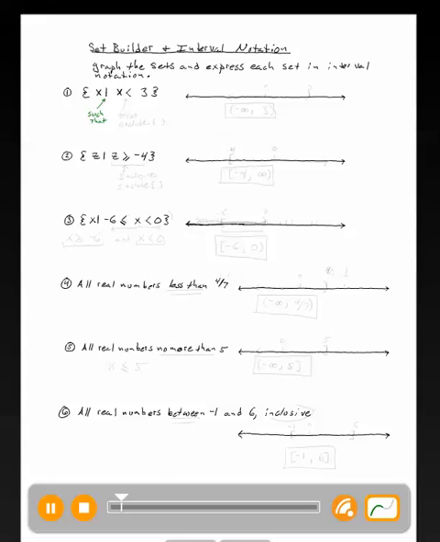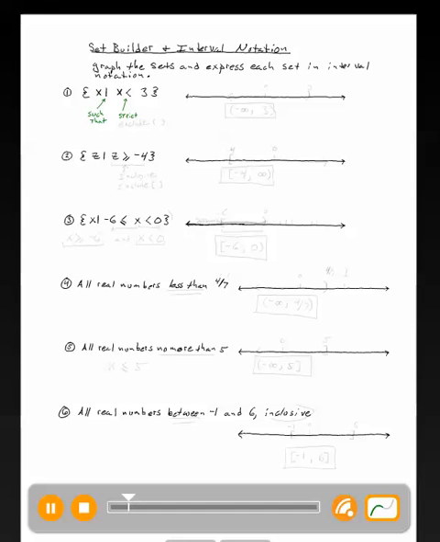Well, if we're going to do the interval notation, there's a couple things we want to remember. If it's what's called a strict inequality, so strictly less than or strictly greater than, so not less than or equal to, so this is a strict inequality. So strictly less than 3.